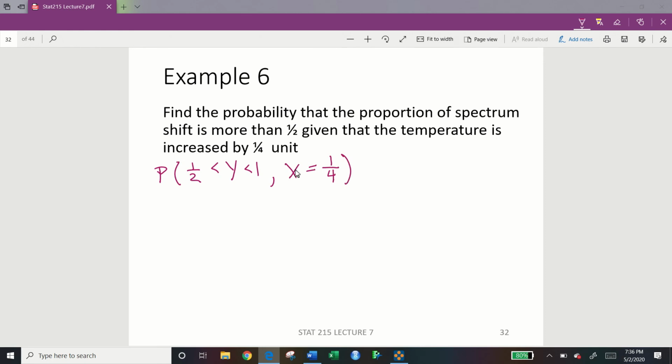Let me read that again just to make sure we got it all right. We are asked to find the probability that the proportion of spectrum shift is more than 1/2 given that the temperature increased by 1/4 unit.